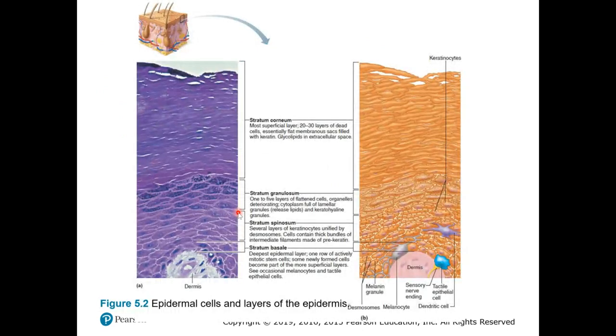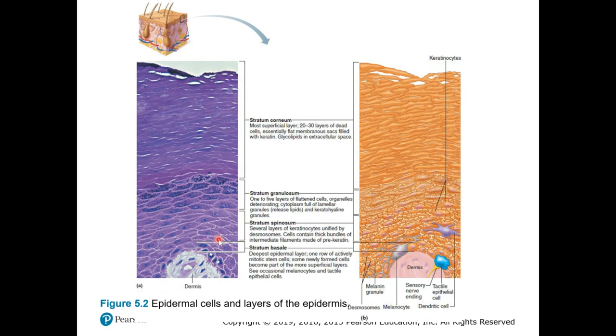But let's look at this picture first. So here is a fingertip of a dermal papilla sticking up into the epidermis. We have the stratum basale, roughly cuboidal, looks more spherical right here. But you've got to use your imagination a little bit. That's the deeper layer.